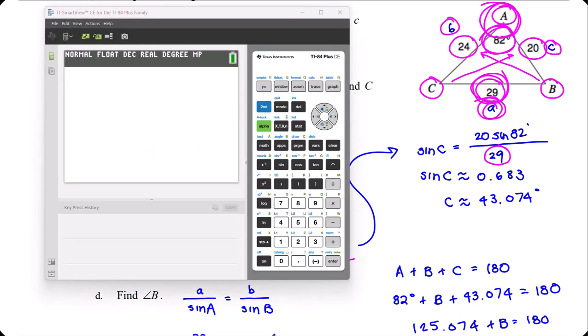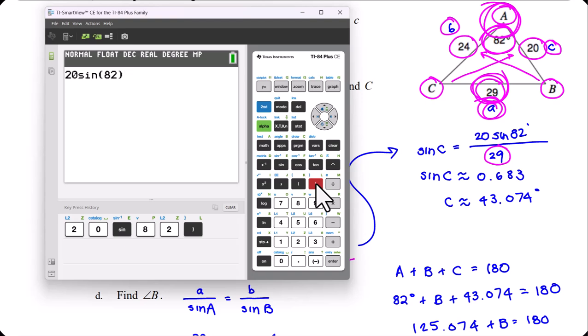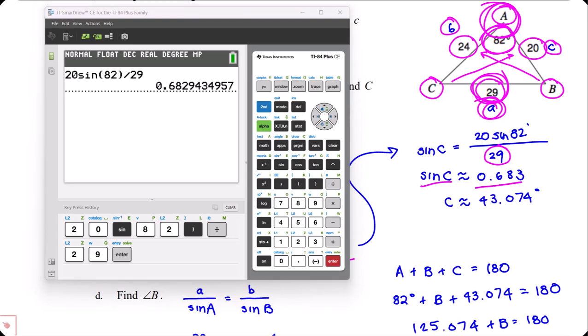Practice our calculator again. We have 20 sine of 82 degrees, close parentheses, and divide that whole thing by 29. Enter. But understand, this is sine of C. I want the angle. So remember the inverse sine?